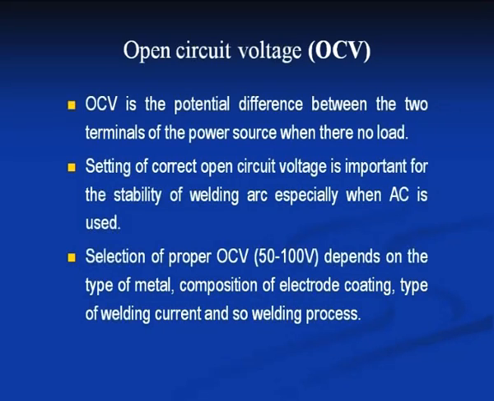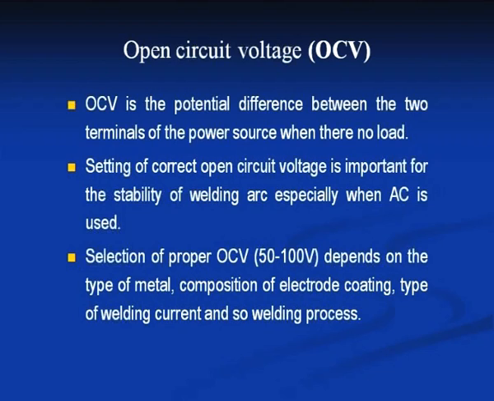Metals which offer a low ionization potential allow the power source to be set at a lower open circuit voltage, and the composition of the electrode coating similarly affects the optimum open circuit voltage setting.